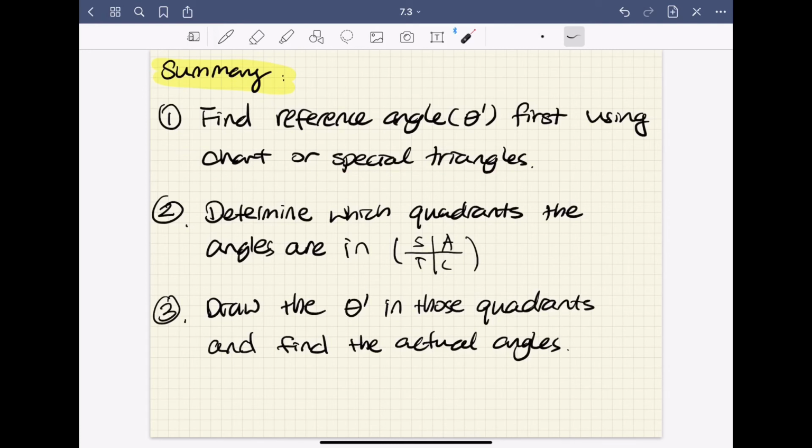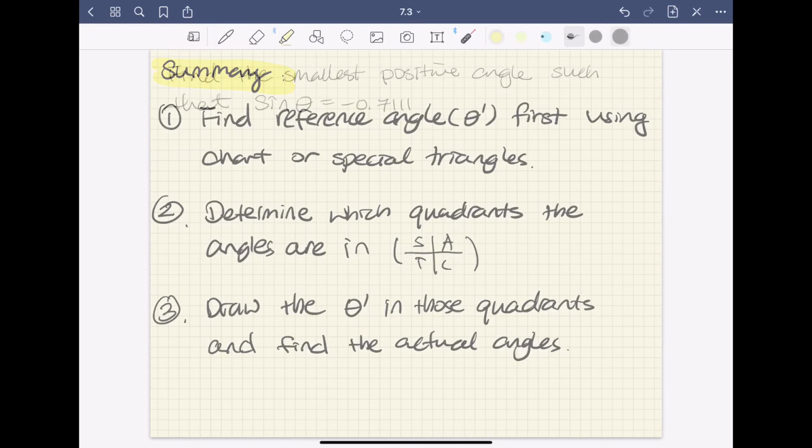And then we'll need to determine which quadrants the actual angles are in using the ASTC chart. Okay. Last, draw the reference angle in those quadrants in standard position, and then find the actual angles.